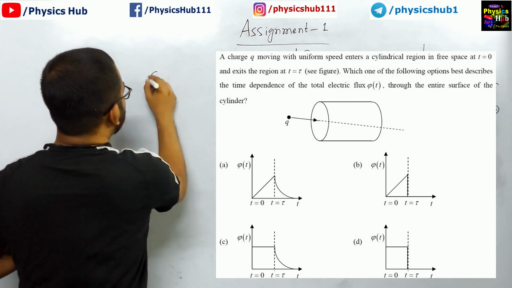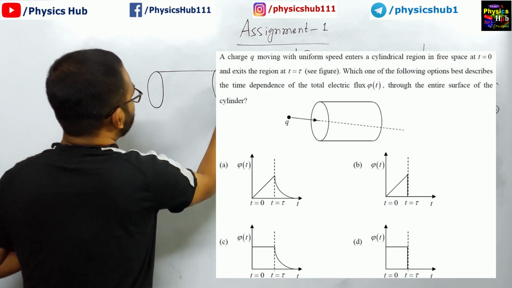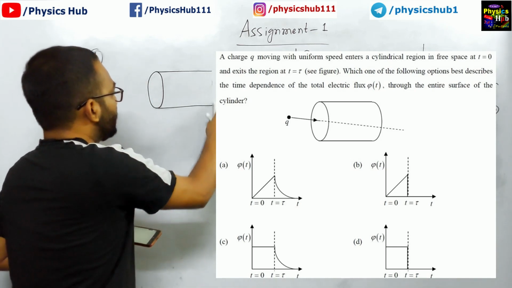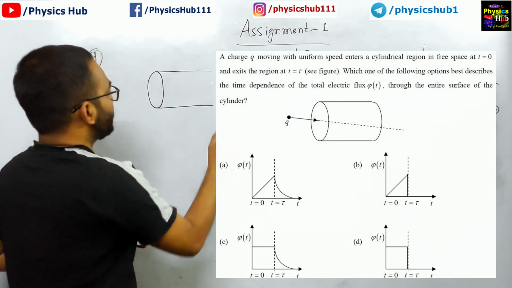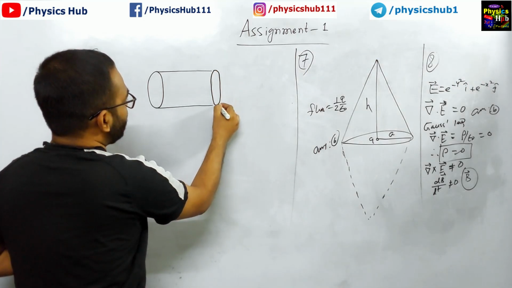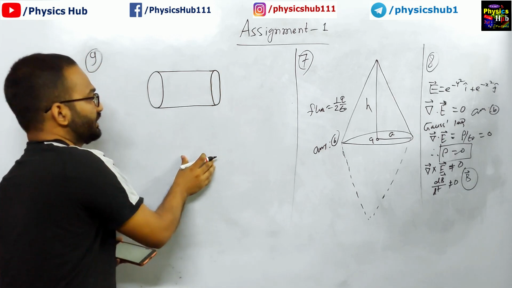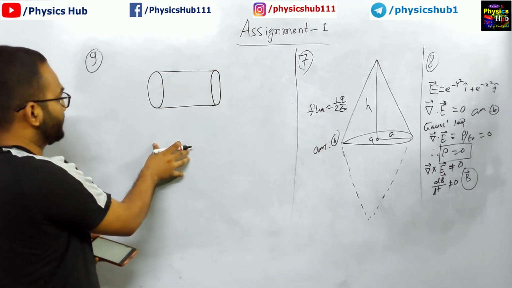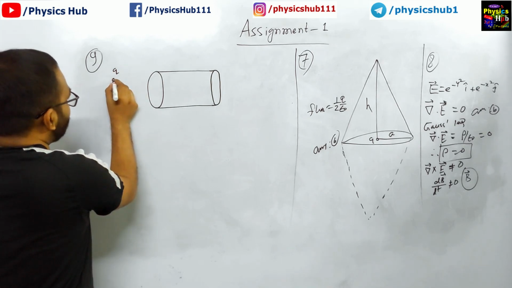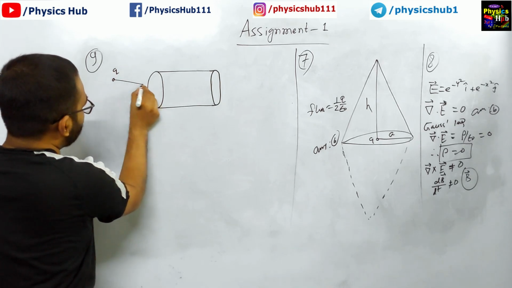So the cylinder is given like this, and a charge is entering the cylindrical region at some time t equals 0. You should keep in mind that the electric field exists only in this cylindrical region, and your charge q is coming in this path and entering.